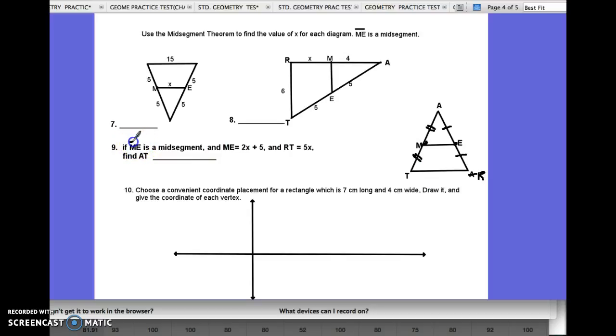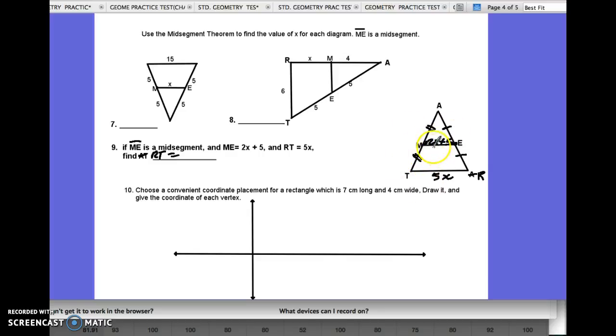It says if segment ME is a mid-segment, and ME is 2x plus 5, that's the length as an algebraic expression, and RT is 5x, I want us to find the distance from R to T.